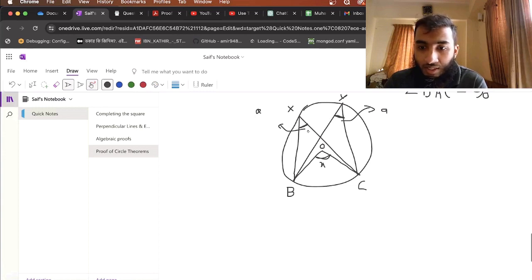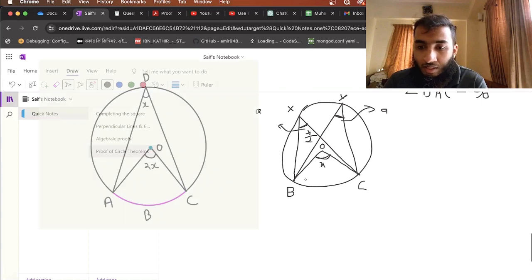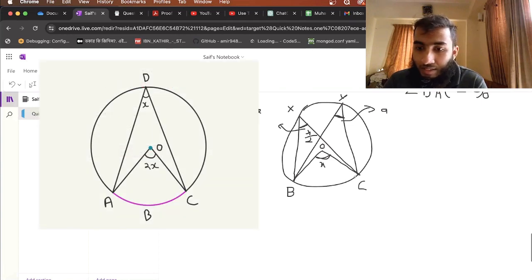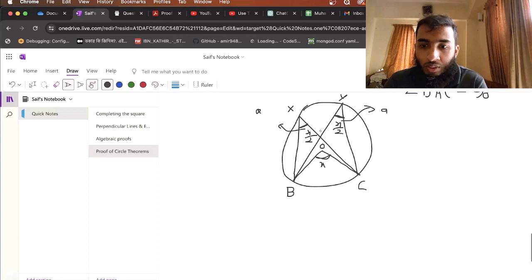So if this is X, this is X by 2, and this is also an angle on the circumference created by this arc, so this angle is also X by 2. So these two angles are equal.